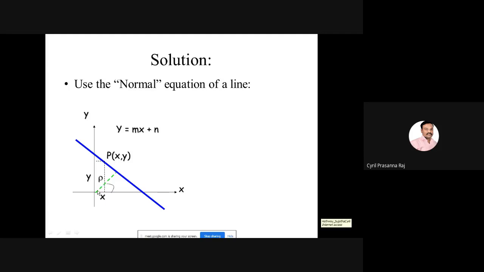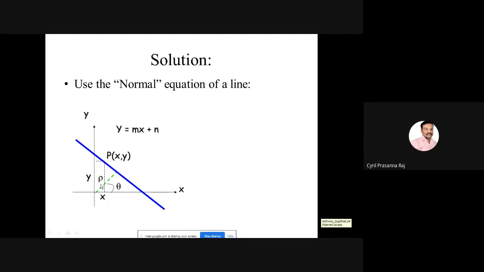Then from the origin, the angle taken by this line that we have drawn, we call theta. So instead of m and n, we now use two parameters called rho and theta to express the parameter space.